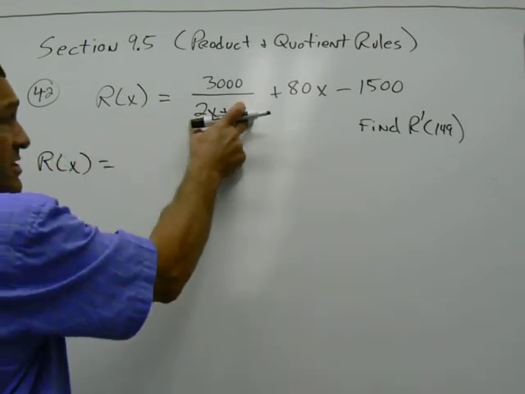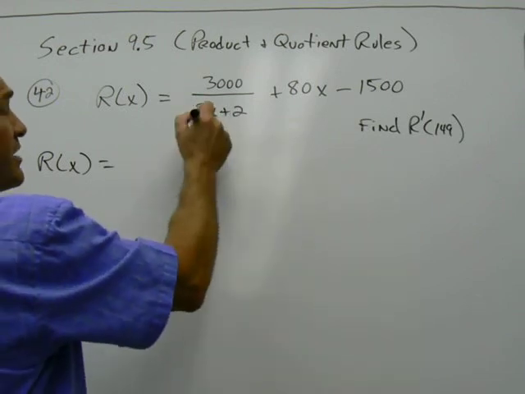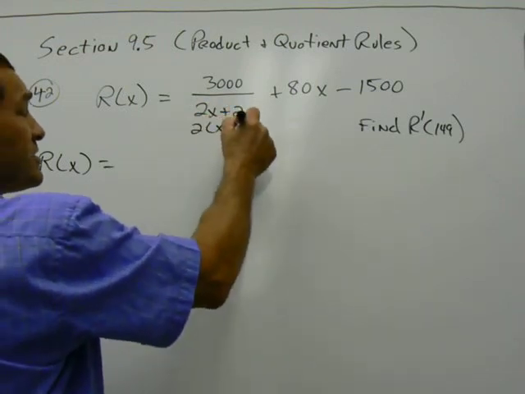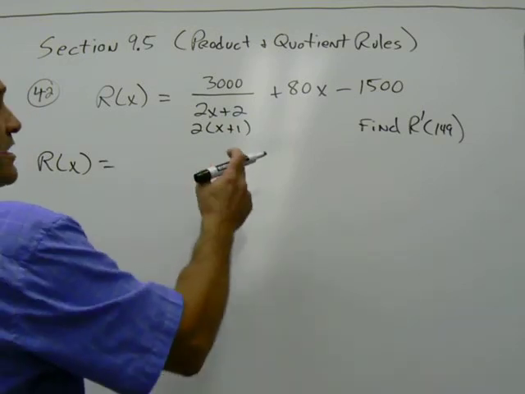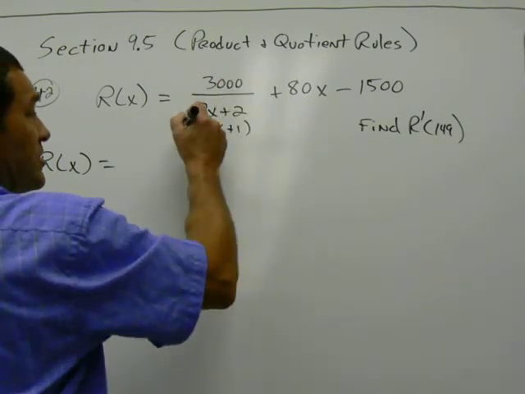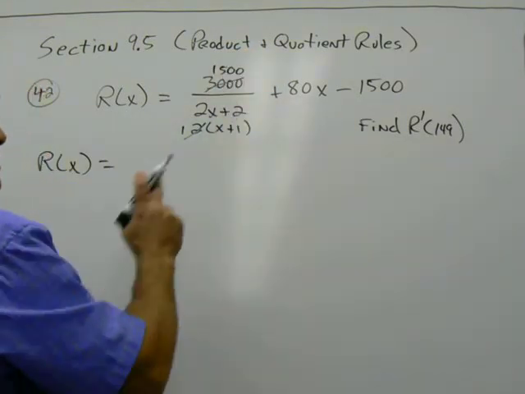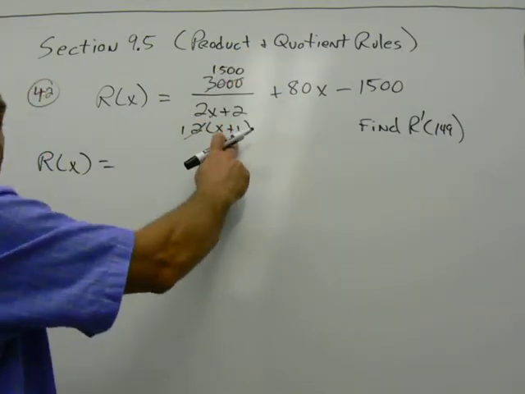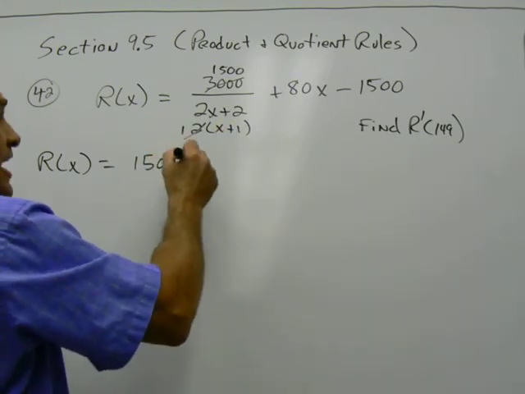I'm going to simplify this just a little bit, and in two ways. This denominator, I could factor a 2 out of each of those terms, and write that as 2 times x plus 1. I can cancel the 2, going into 3,000, 1,500 times. So that's the same thing as 1,500 over x plus 1.